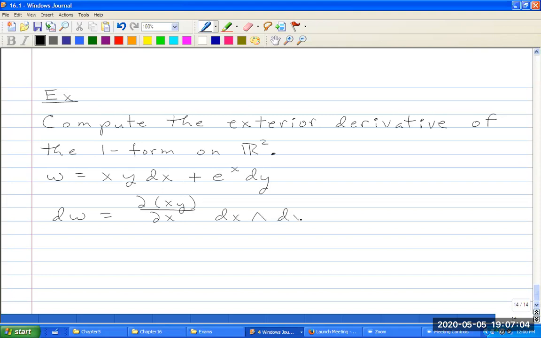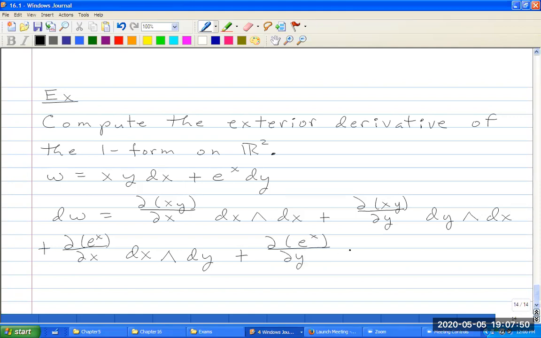with respect to x of dx wedge dx, plus the partial of this first component with respect to y, dy wedge dx, plus the partial of this next component with respect to x, dx wedge dy, plus the partial of this last component with respect to y, dy wedge dy.